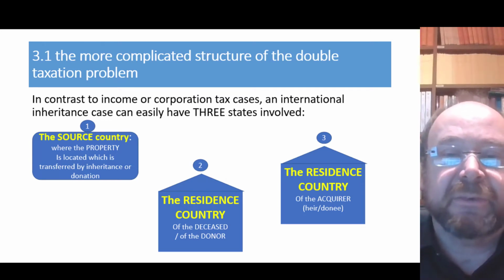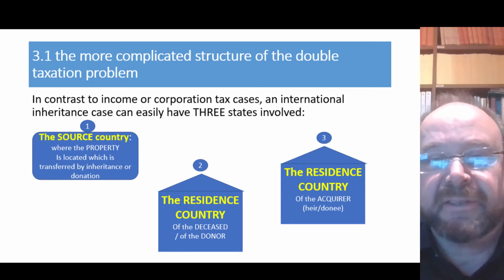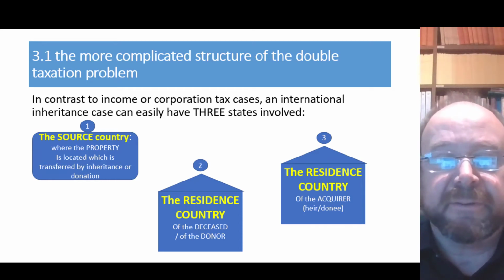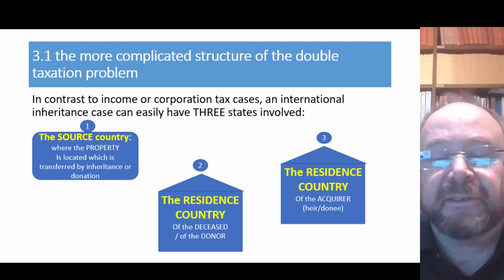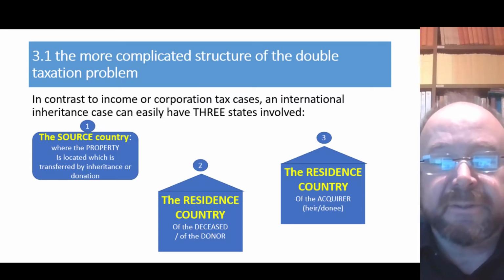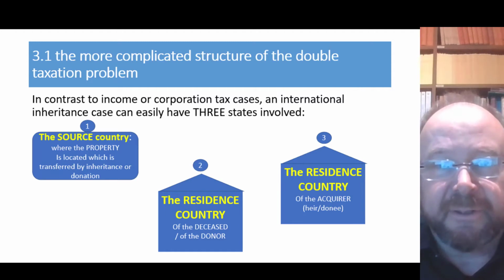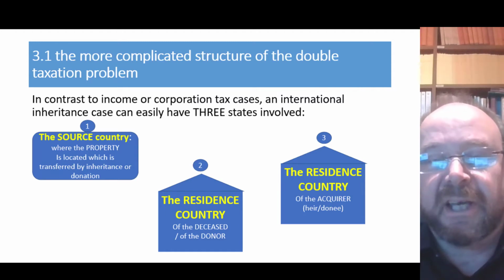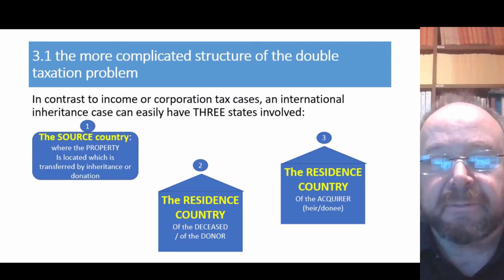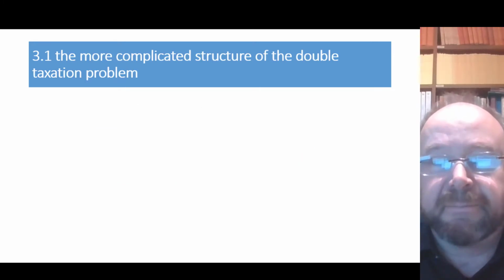So we have now three countries in play: the source country of the property, the residence country of the deceased or of the donor, and the residence country of the acquirer. So if only two states are involved, there is a kind of gap in the protection against double taxation, and this makes the whole thing more complex.